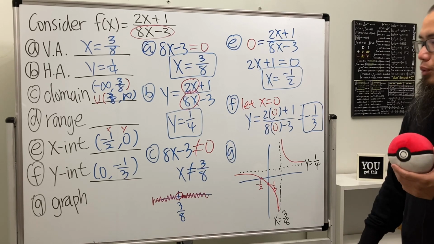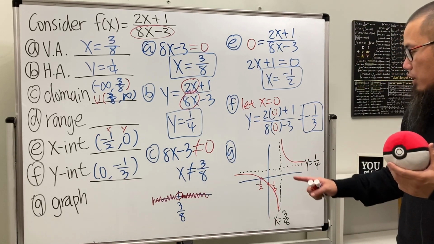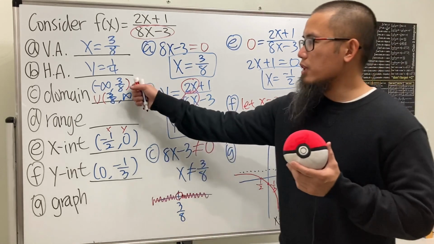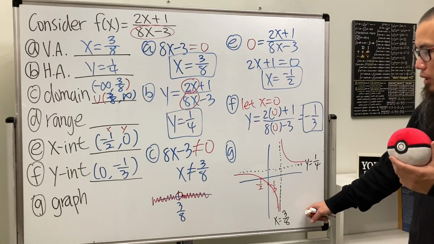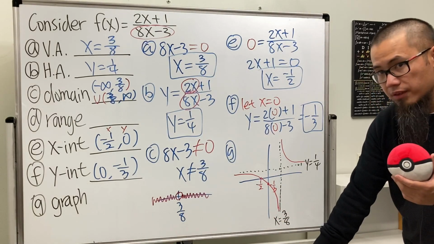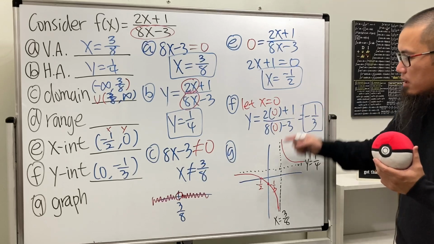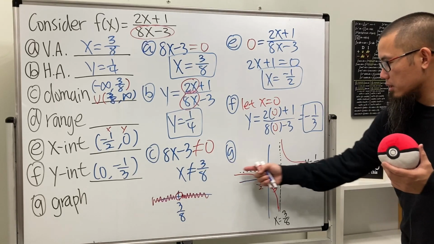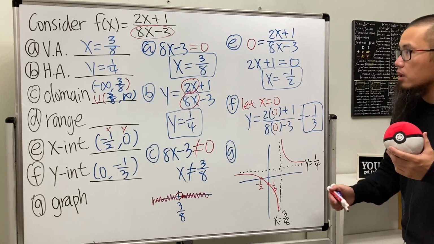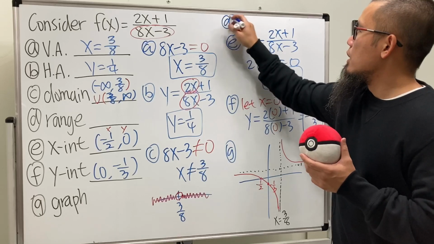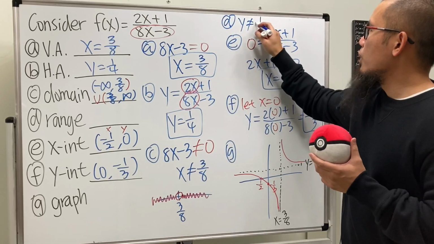Now, if you look at this, once you have the graph, you see that x cannot be 3/8. We said that already for the domain. And for the range, you see y can be going from negative infinity to positive infinity, except for this number. The curve does not cross this number, namely 1/4. So for part D, we have to make sure that y is not equal to 1/4.